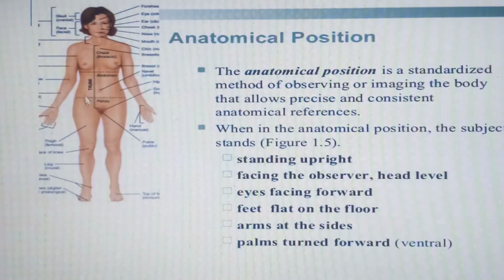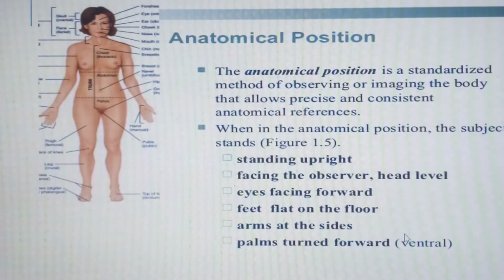Your arms should be by your side, and the palms should turn anteriorly, so the palmar aspect of your hand faces anteriorly. The lower limbs are also by the side, but importantly the toes point forwards, with both feet on the floor or the ground. That is what we call the anatomical position.